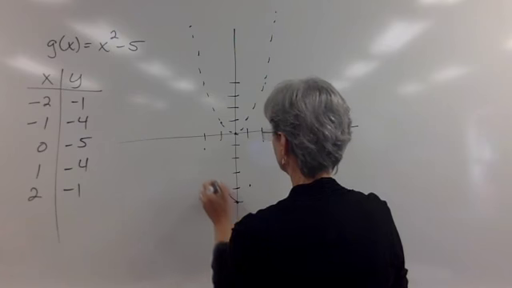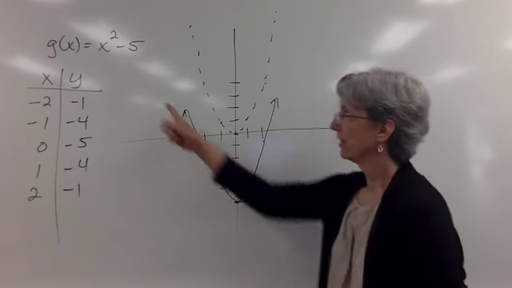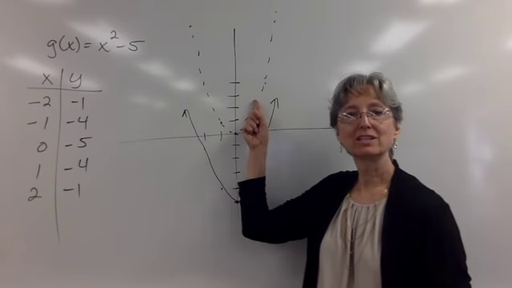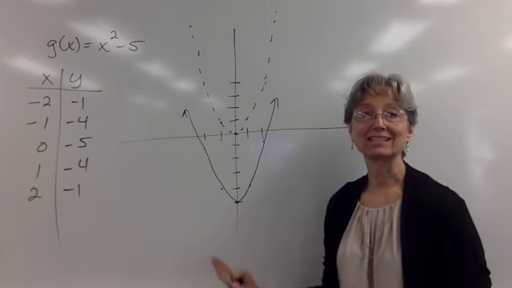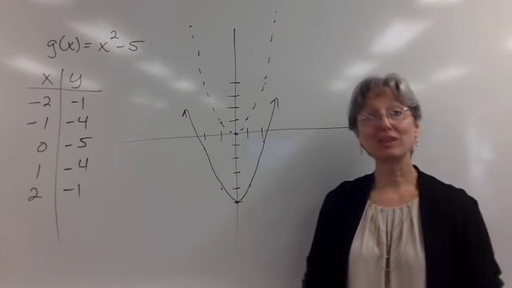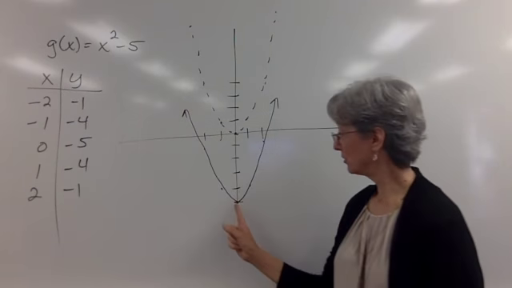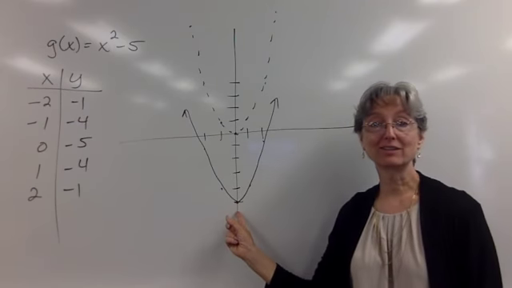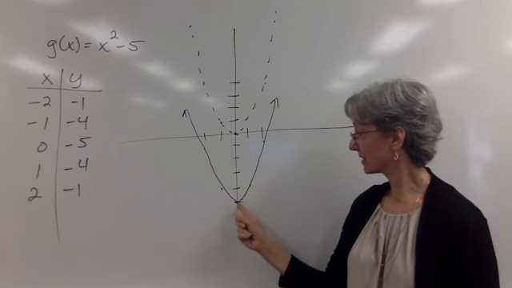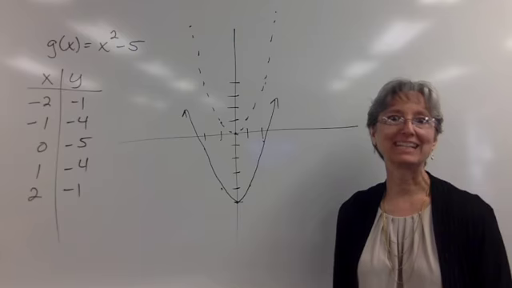And what do we notice? This just shifted this original parent function down 5. That's it. All right. So if you could recognize that this just went down 5, you could have just put your vertex here at 0, negative 5, and then drawn your parabola from there, and it would have been easy.